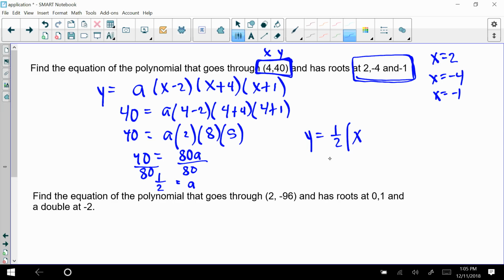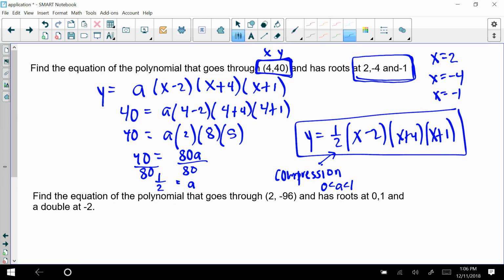It has a factor, and it's actually going to be a compression because it is a number between 0 and 1. That follows the same as everything you guys learned in the parabola unit. So if I just combine it all together, I can write the final equation of the polynomial that goes through that point and has those roots.